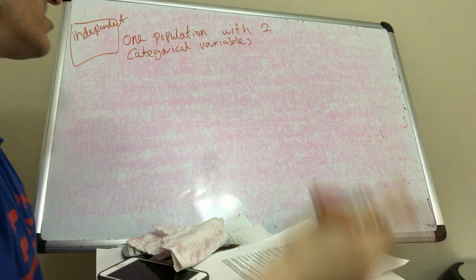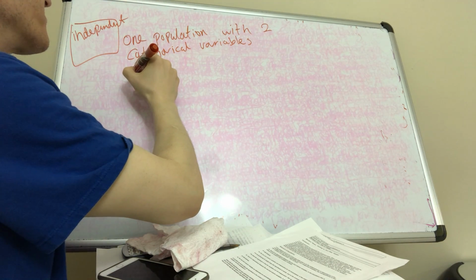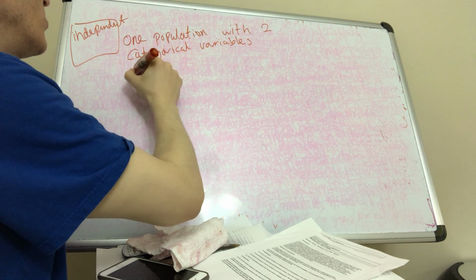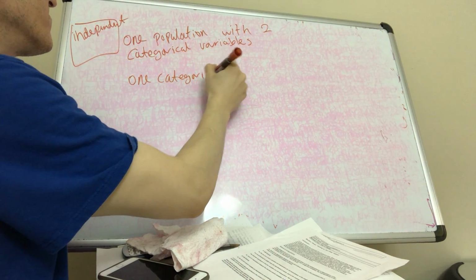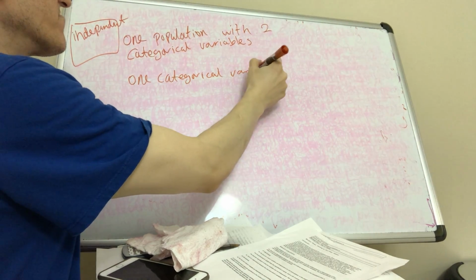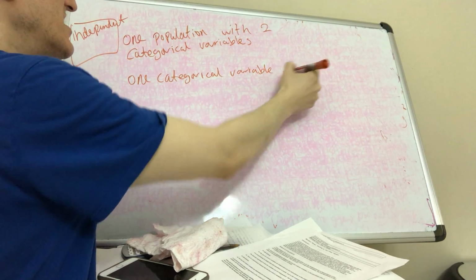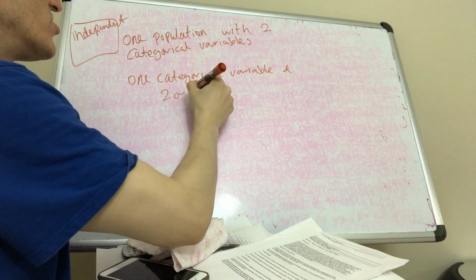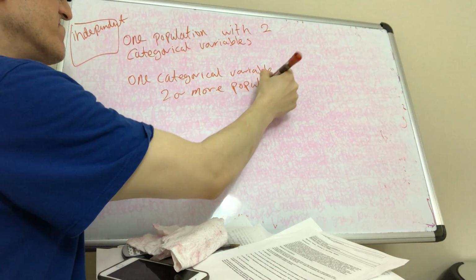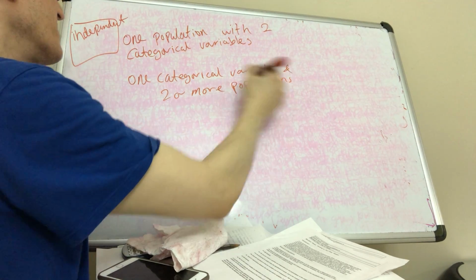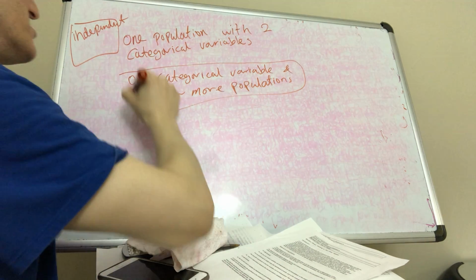If you have one categorical variable and two or more populations, then this would be the homogeneous.